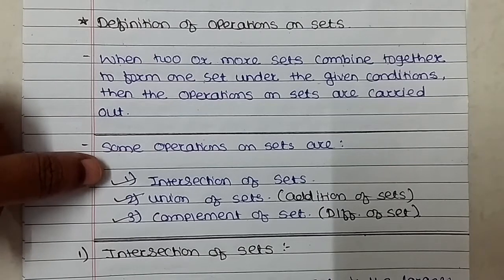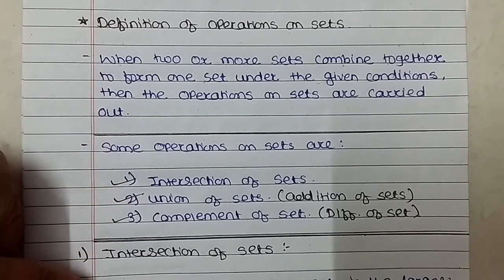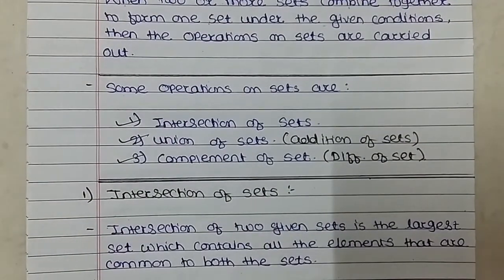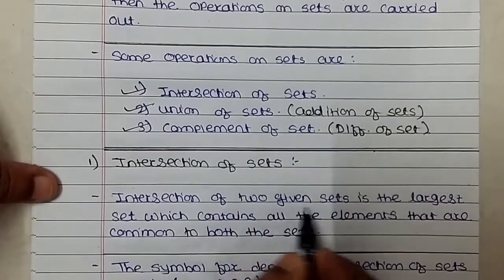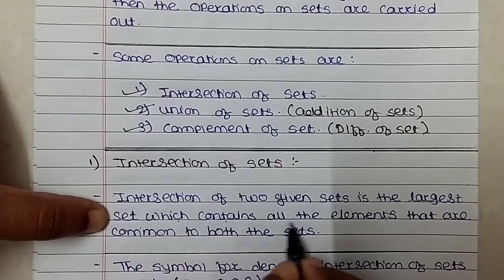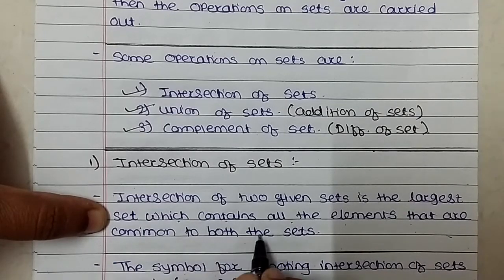Now in this video we will learn what is meant by intersection of sets. The first type is intersection of sets. The intersection of two given sets is the largest set which contains all elements that are common to both the sets.